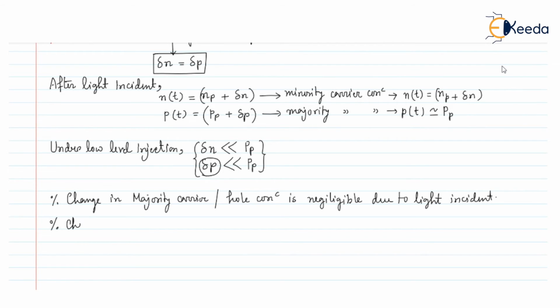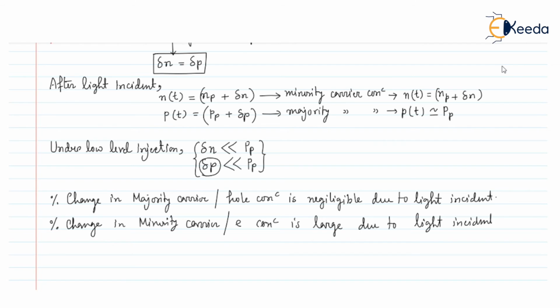The percentage change in the minority carrier, that is the electron concentration, is large due to light incidence. That means when light is incident on a P-type semiconductor, the electron concentration will change by a large amount, because electron concentration is the minority carrier concentration.